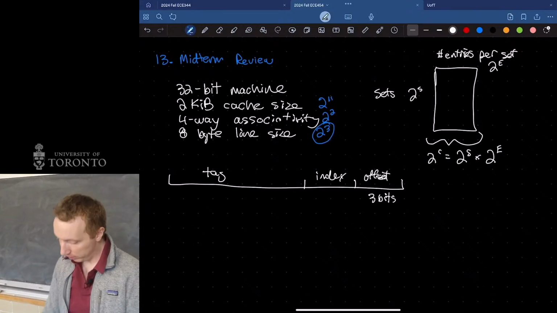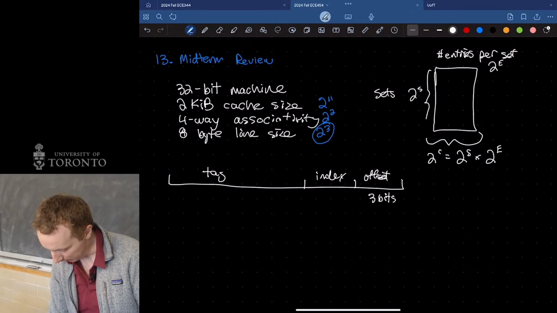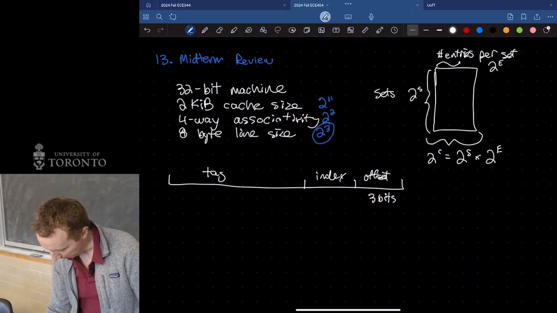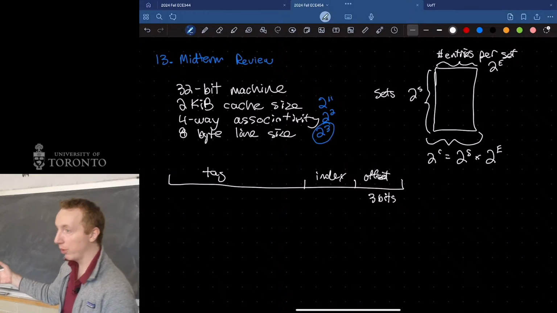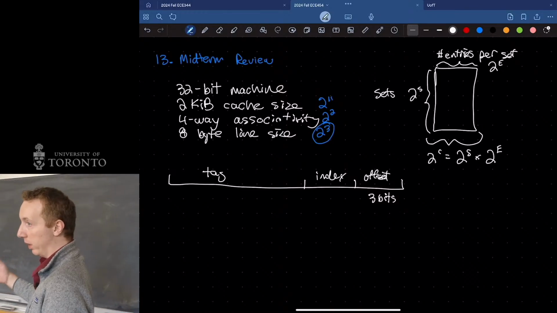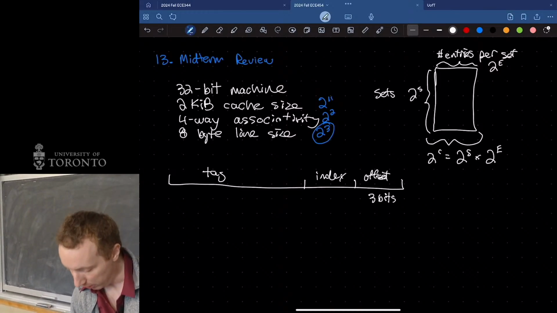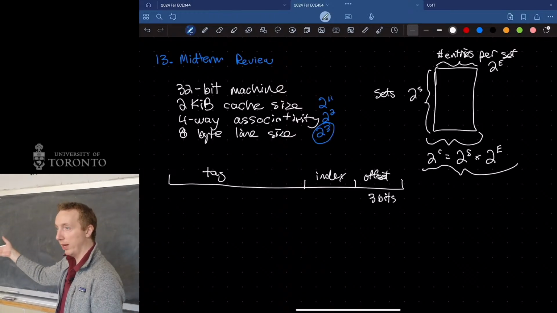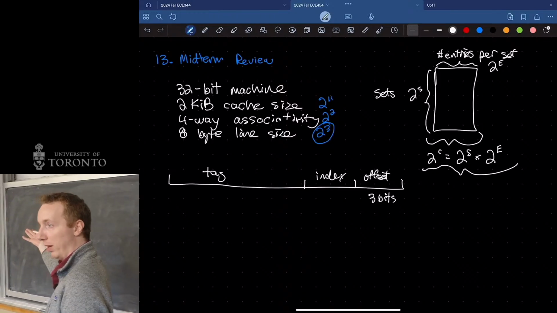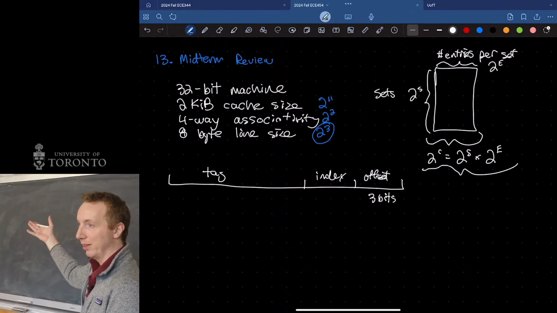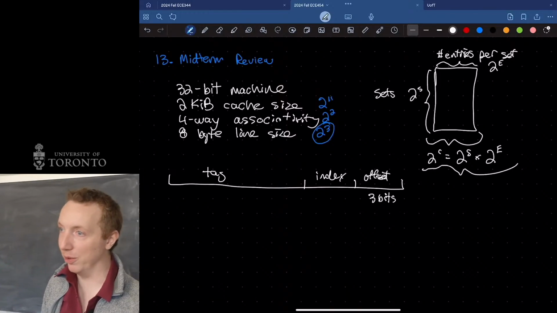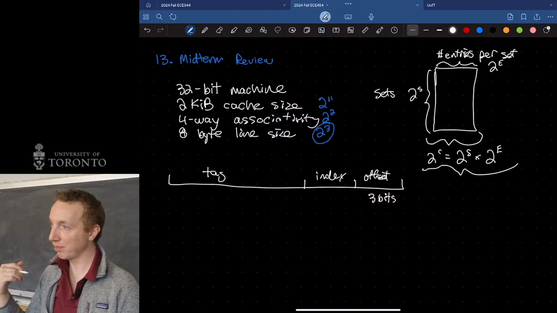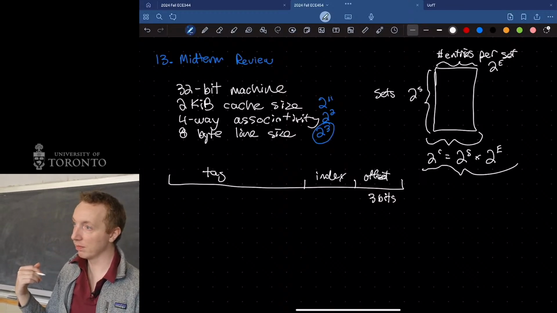And then this is what our cache looks like. There are S number of sets, and then we have some number of entries per set, which is our associativity, and the total size of the cache is the number of sets times how many entries per set we have. So which of those numbers do I know? But doesn't it get divided by the size of the cache line as well?